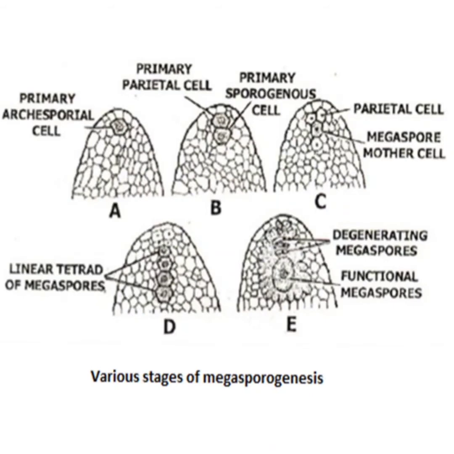Stage C is the differentiation of the primary sporogenous cell into the megaspore mother cell. Stage D is the formation of linear tetrads or tetrad megaspores. And stage E is where the 3 megaspores degenerate and only 1 megaspore becomes functional.